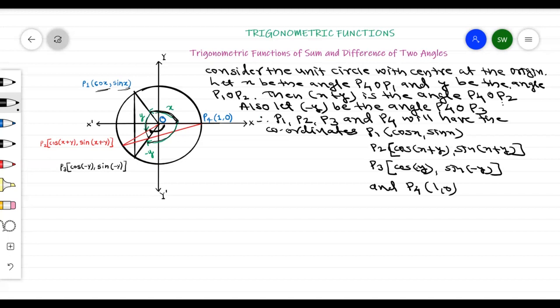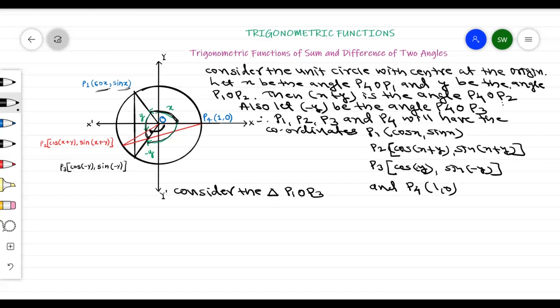Now consider the triangle P1OP3. Here y plus the other angle is added.